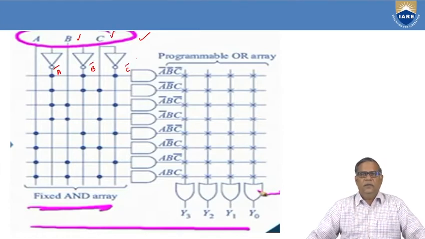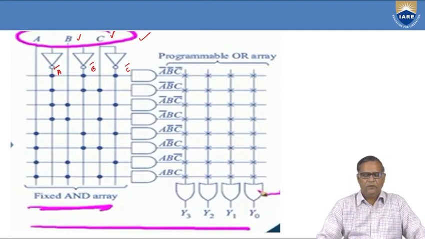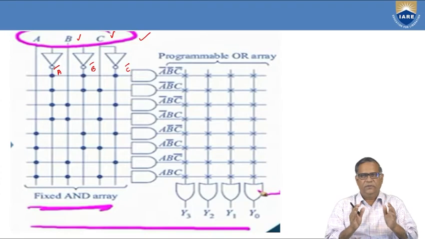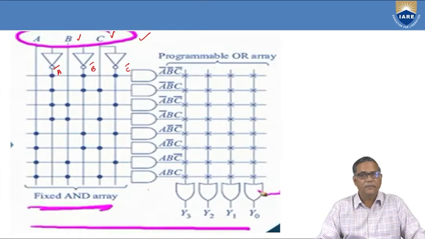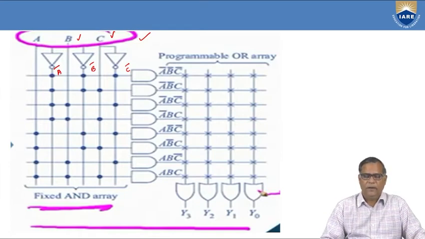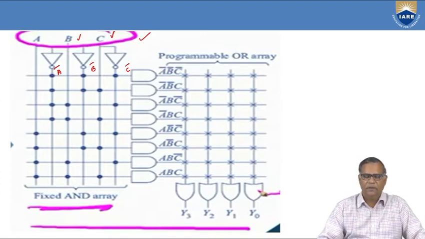And this is the AND array. It is a fixed AND array, so we have 8 possible combinations. That means in PROM, the AND array plane is nothing but a decoder, and this is a programmable OR array. Depending upon your Boolean function, the programming is done by retaining the link. These are the fusible links.